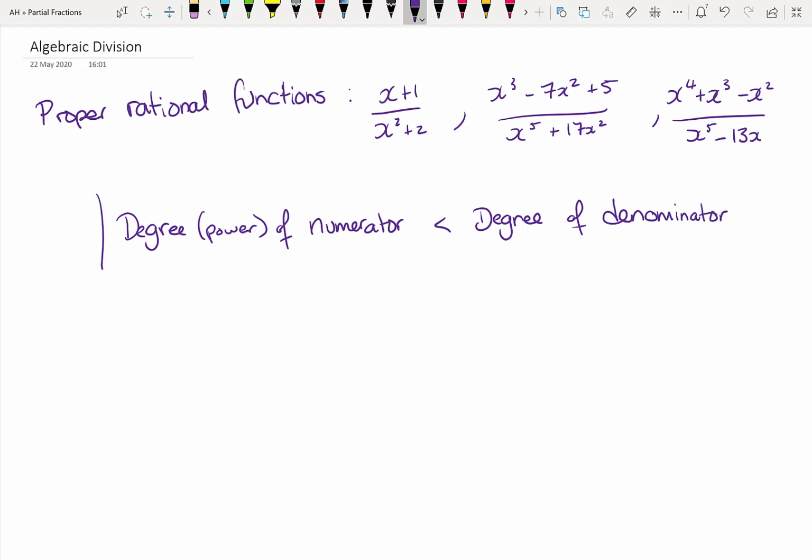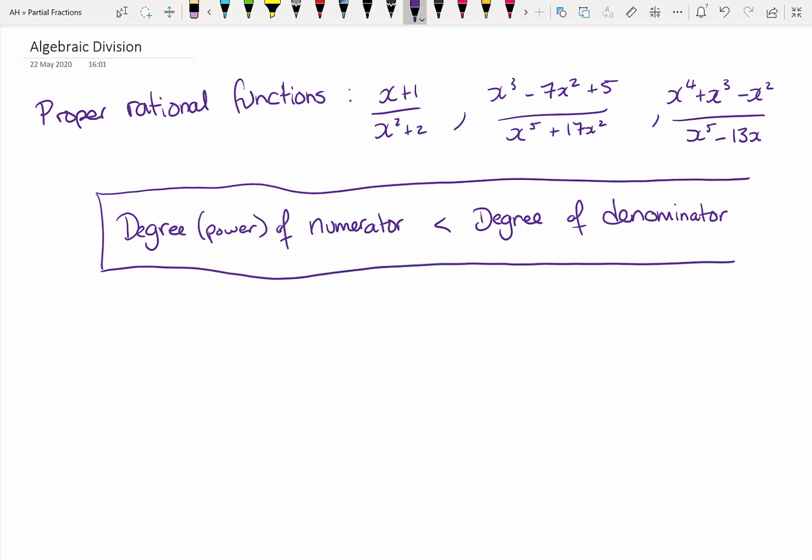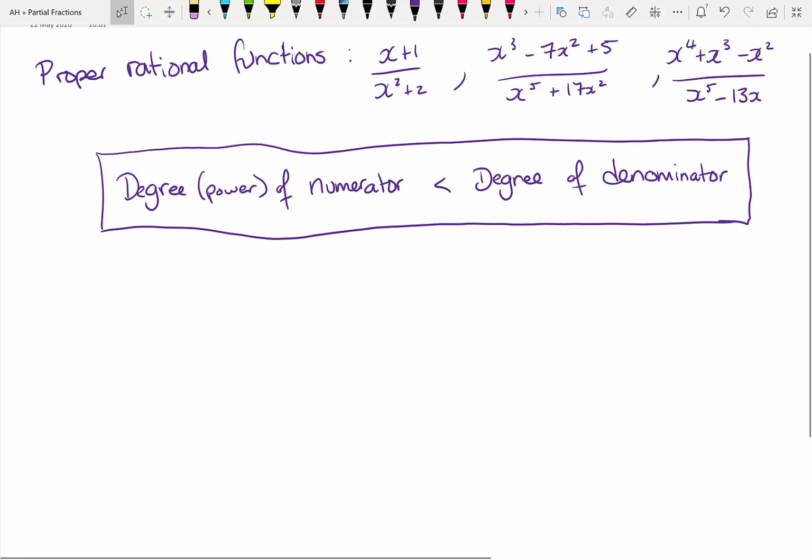Okay, and so it's not just any old thing, it is the highest power that we're looking at. So we're looking at the thing with the highest power on the top, the thing with the highest power on the bottom, and so for this to be a proper rational function, the largest power needs to be on the bottom of our fraction.